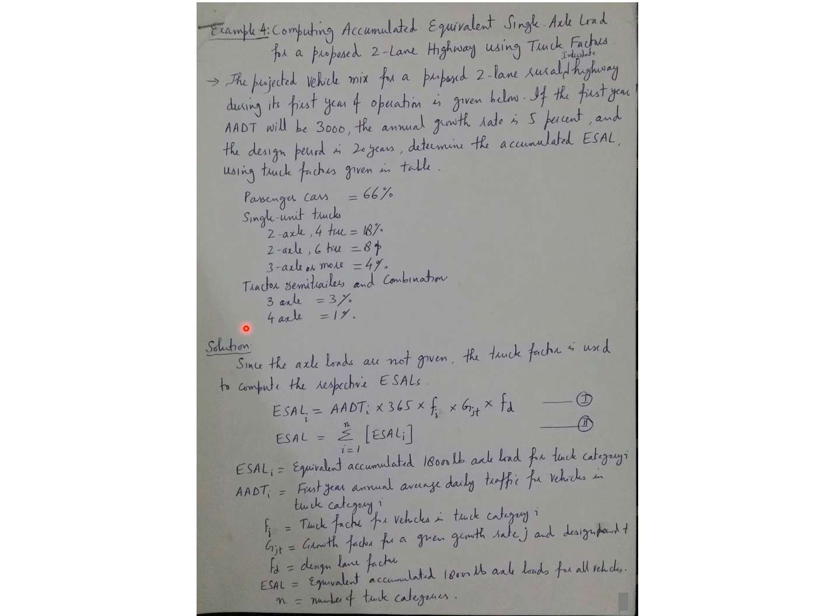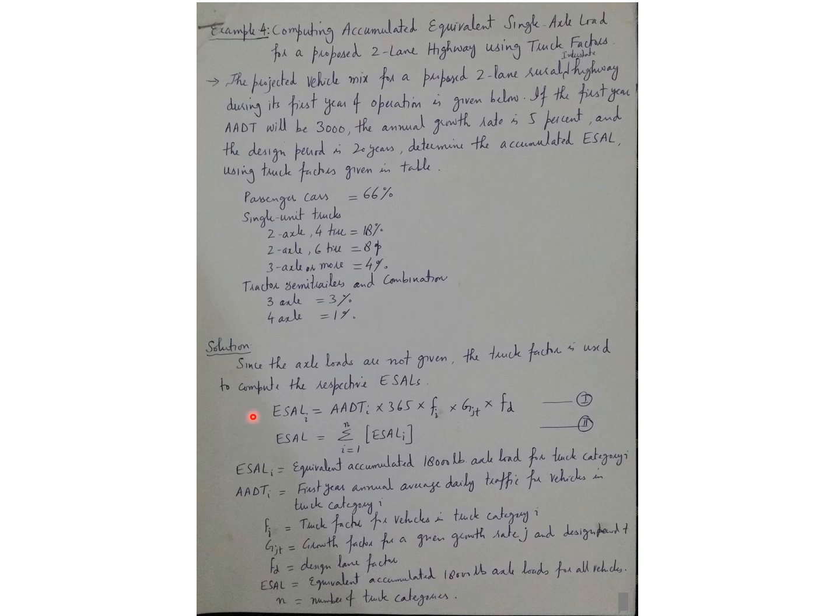So if you just add all these, the sum is equal to 100%. Since the axle loads are not given, the truck factor is to be used in this case. So this formula will be used for the different vehicles categories one by one, and ultimately this formula will be used to determine the accumulated equivalent single axle load or the design equivalent single axle load.